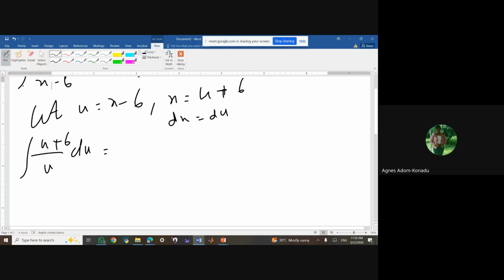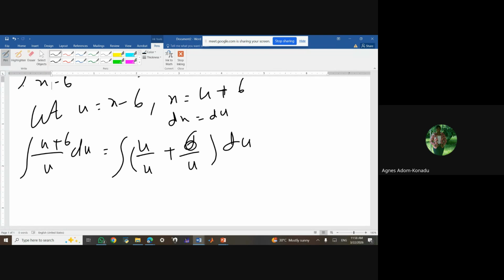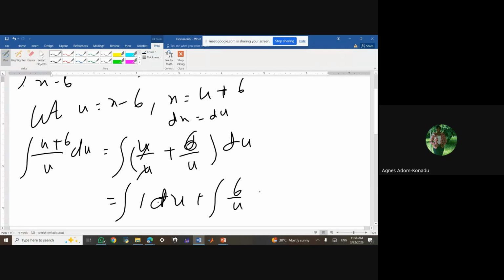And we know that u plus 6 over u is the same as u over u plus 6 over u, then du. So this is the same as that. Don't forget. So u goes with u, and I will have integral of 1 du plus integral of 6 over u du.